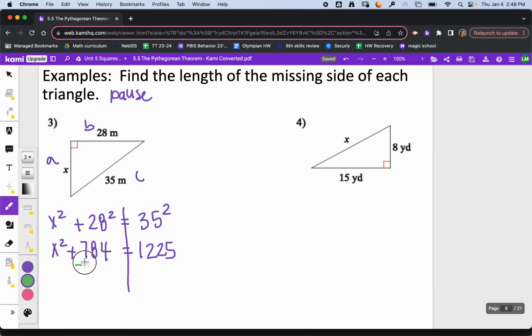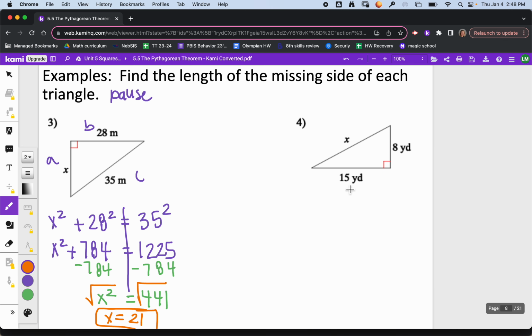Next up, I'm going to subtract 784 from my 1,225. I'm going to get 441, a common number we saw before. Then my final step is to take that square root of 441, which will give me x as 21.